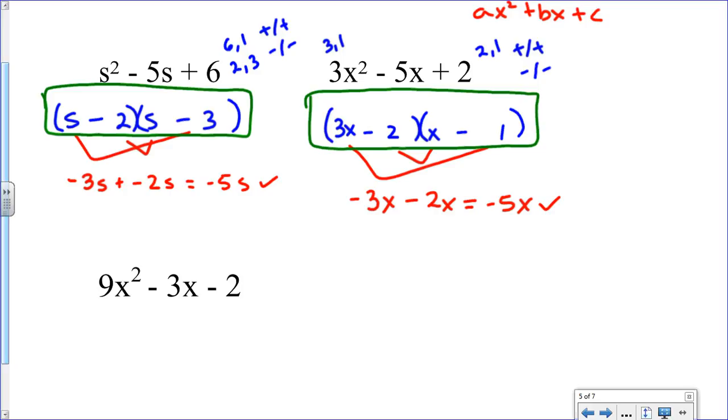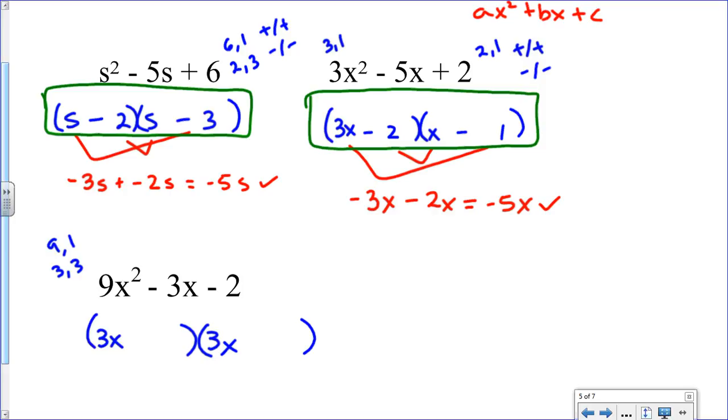Okay, let's look at this one. All right, what are my factors of 9? 9 and 1 and 3 and 3. Which one would we want to start with? Yeah, start with the 3 and 3. It's not always going to be the case, but typically it's the ones closer together.